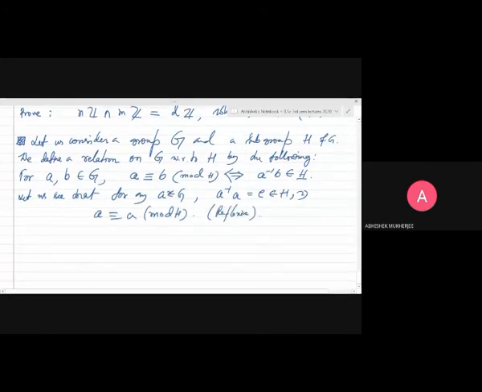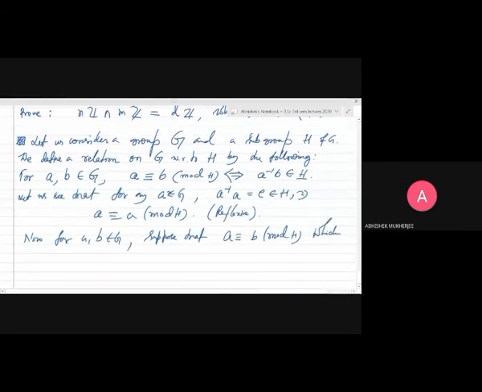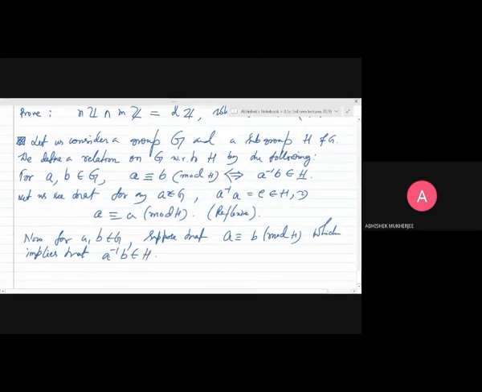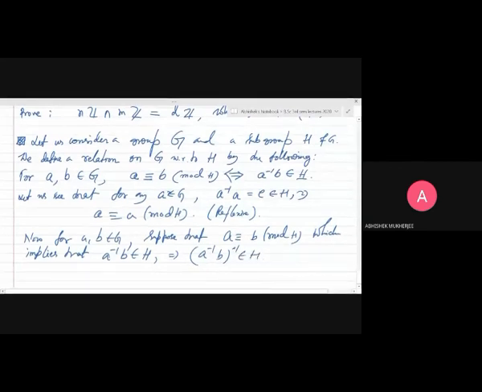Okay. Now for A comma B belongs to G, suppose that A is congruent to B mod H. That implies that A inverse B belongs to H. And this implies, just taking the inverse, this belongs to H, being a subgroup.